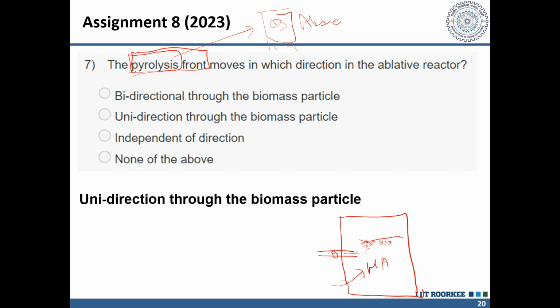So this is the boundary created at which we can say there is partially pyrolyzed biomass.